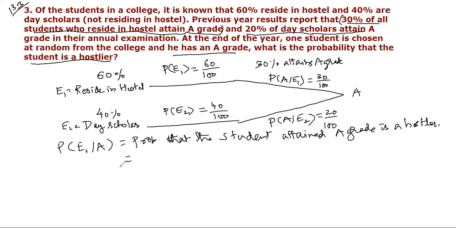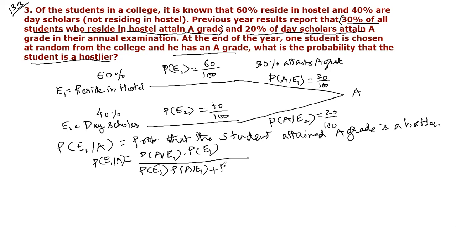So similarly, as you know, P(E1/A) will be P(A/E1) into probability of E1, divided by probability of E1 into probability of A/E1 plus probability of E2 into probability of A/E2.